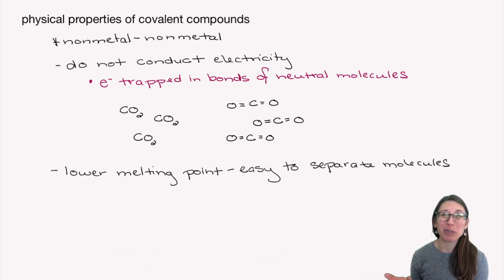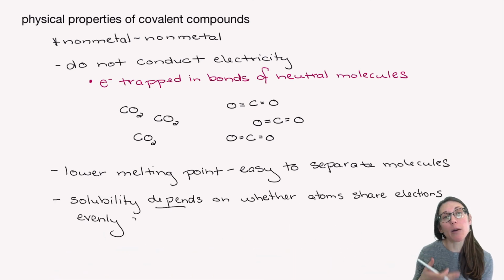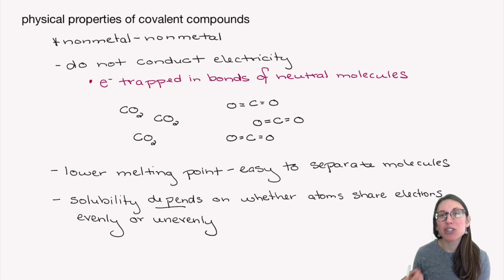And then solubility is kind of a mixed bag. Some covalent compounds will be soluble and some will be insoluble in water. And it just depends on whether the electrons are being shared evenly or unevenly within that molecule. And we'll talk a lot more about that in our next unit.